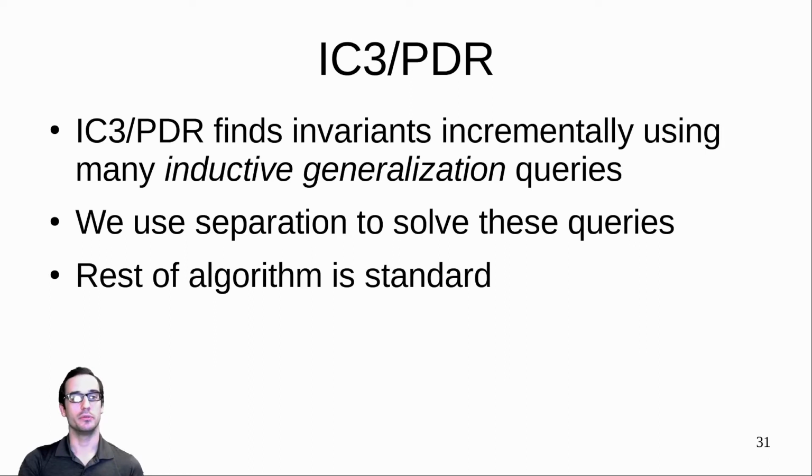IC3PDR is an algorithm that finds invariants incrementally, in that it finds the invariant conjunct by conjunct. Each of these conjuncts is found using an inductive generalization query, and we're going to use separation to solve these queries. The rest of the algorithm outside of this is entirely standard.